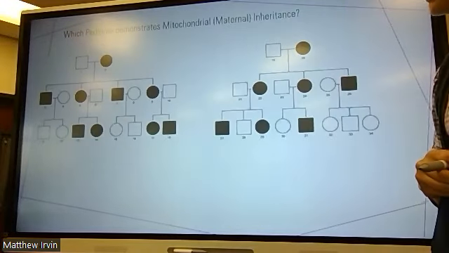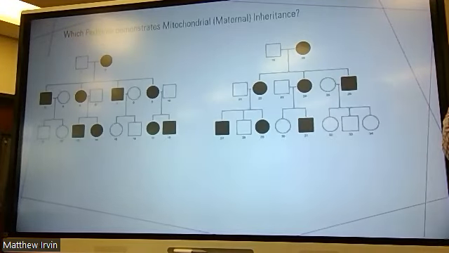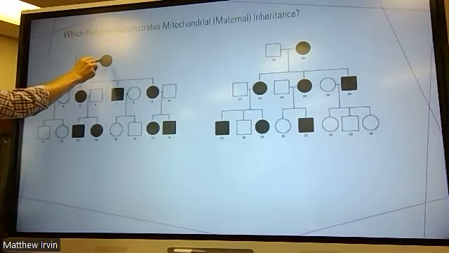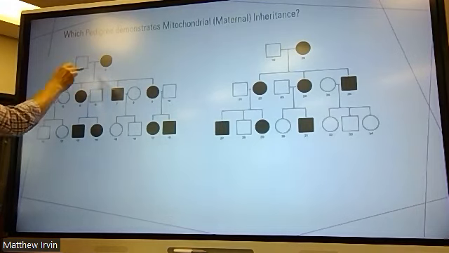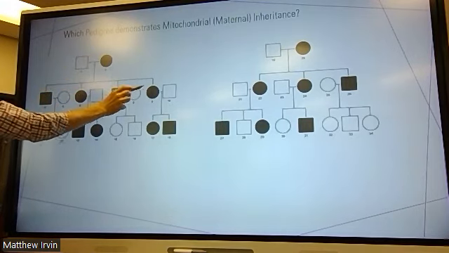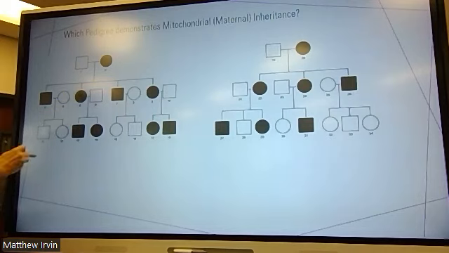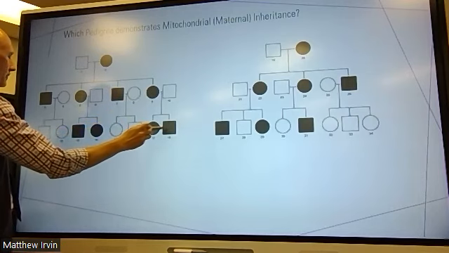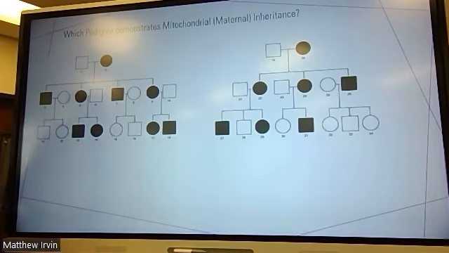If we look at a pedigree chart of that, we see that you've got the mother showing it here, and the mother is passing it to all of the kids. We see that here. We see that this one passes it to all of her kids. And we see that this one passes it to all of her kids. So that could be mitochondrial.